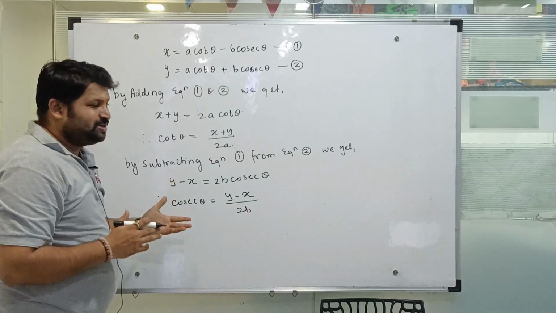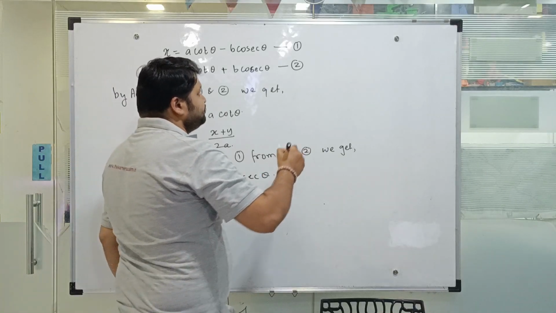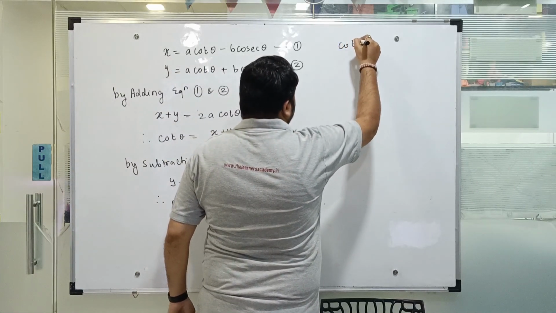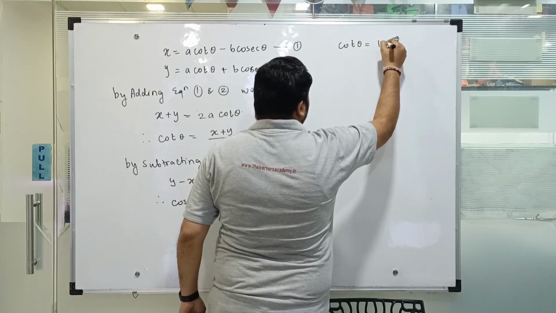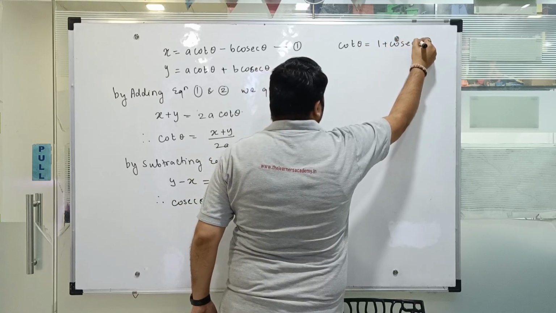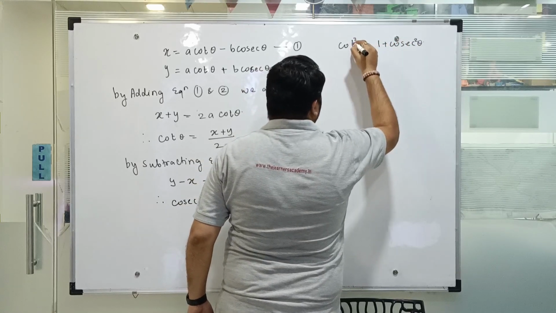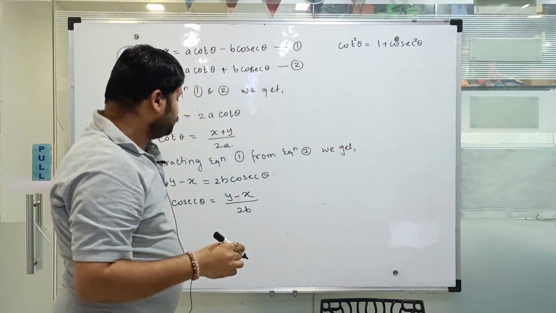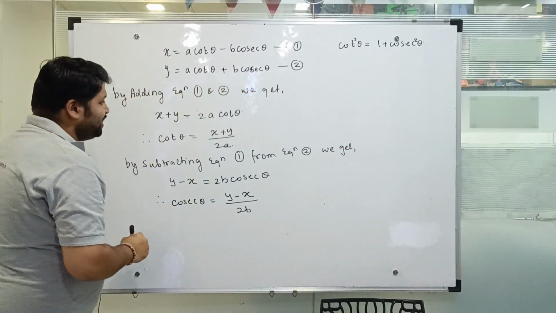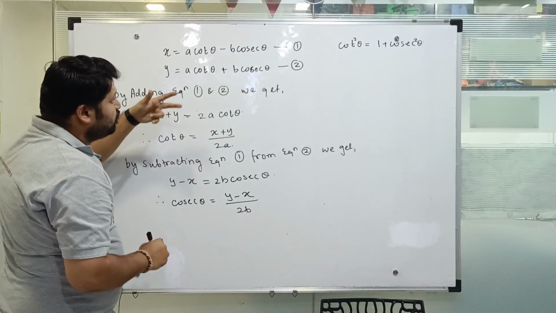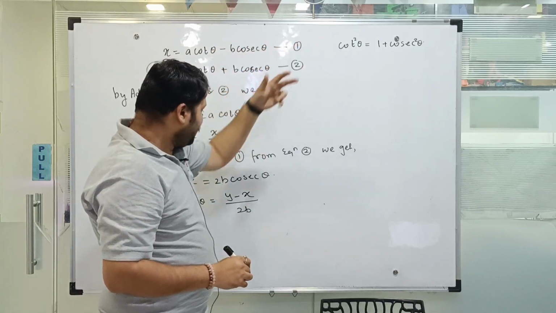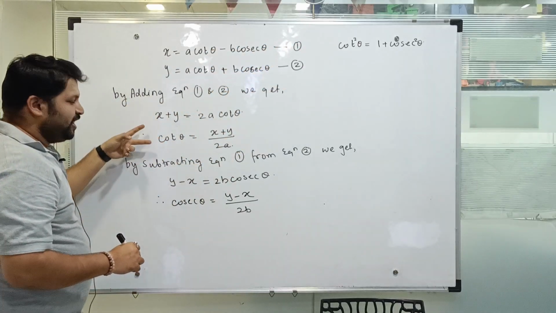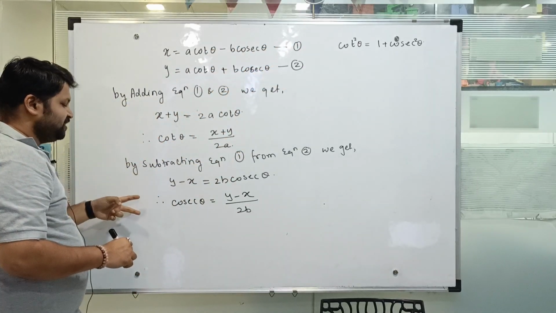By my property, I know that cot square theta is equal to cosec square theta minus 1. So I can use this identity and use these two values of cot theta and cosec theta.